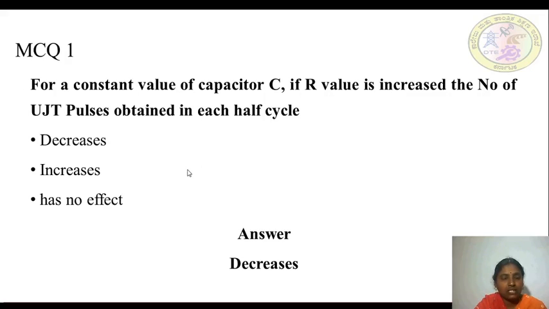So if the R value is increased with the capacitor constant, the UJT pulses obtained will decrease. It is not going to increase, and it is not that there is no effect. There will be an effect, that is, it is going to decrease.